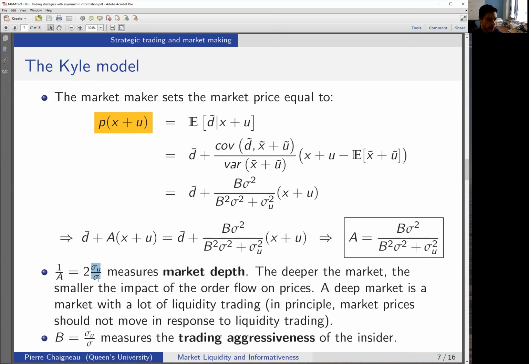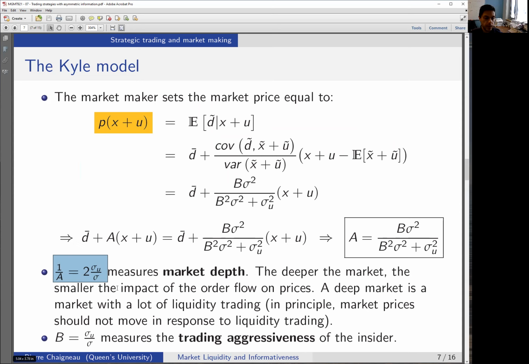Okay, so to summarize, what is a deep market? A deep market is a market with a lot of liquidity trading, so a high sigma u, and minimal information asymmetries, so a small sigma. On the contrary, an illiquid market will be a market with not much liquidity trading, and a market with important information asymmetries.